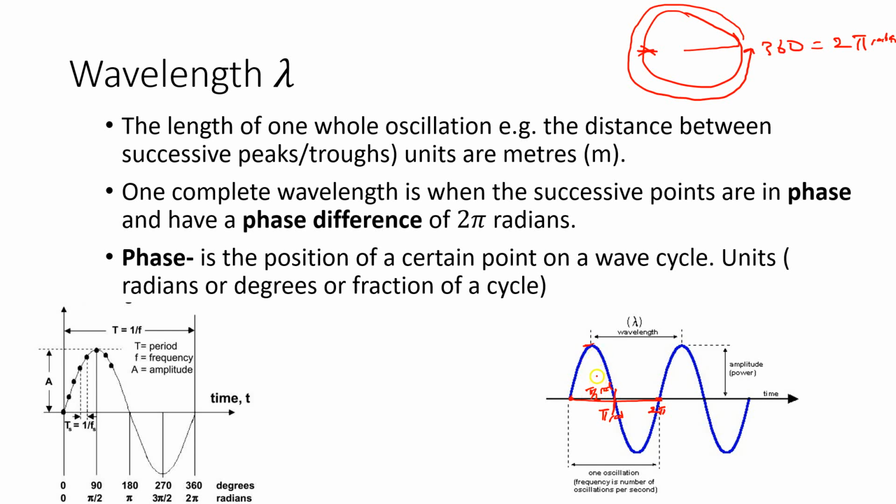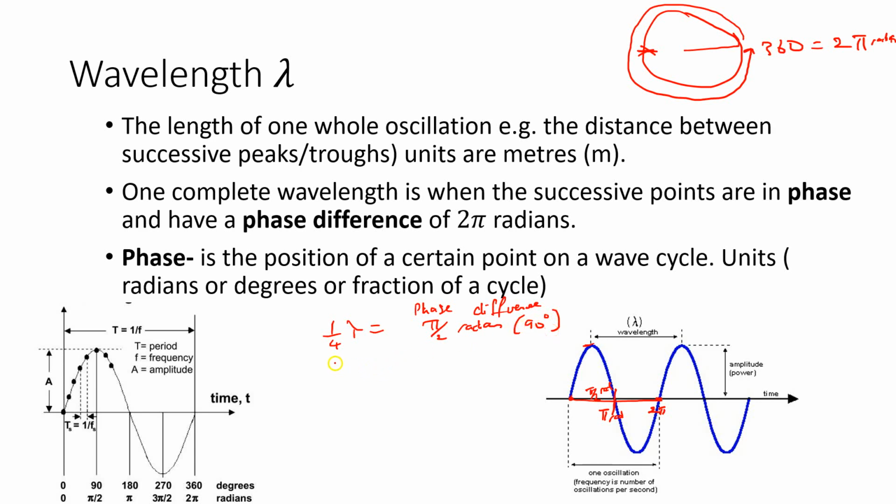So at a quarter of a wavelength, there is a phase difference of half a pi radians, and half a pi radians is equivalent to 90 degrees.